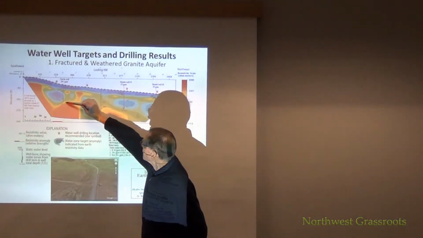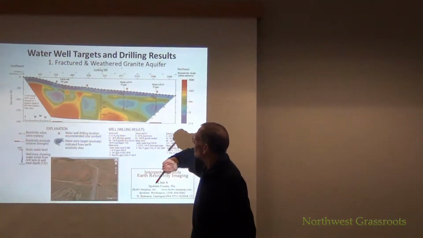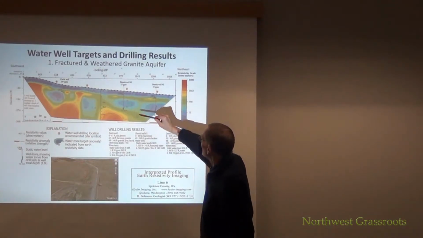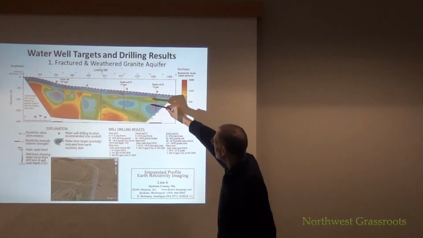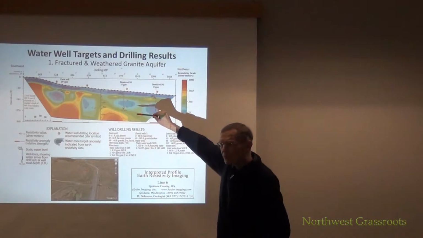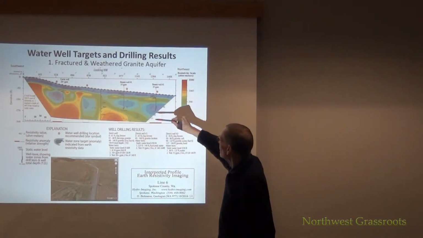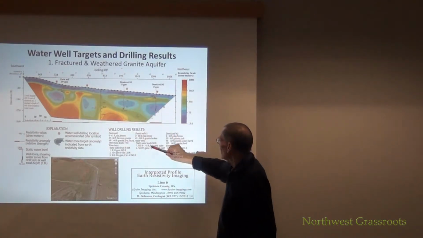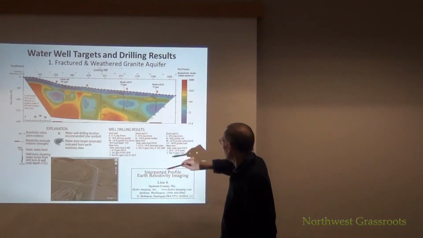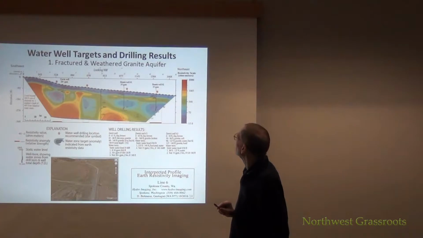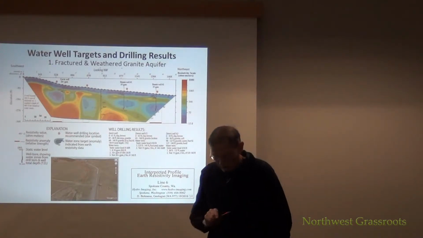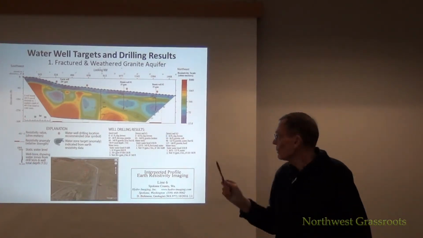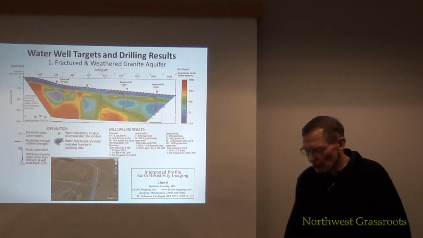So that black vertical line is the bottom of the well. This one, of course, we sited these wells directly on those blue features. So they both were productive. This one was tested at 15 gallons a minute. This one tested at 15 gallons a minute also. So I still have more work to do for these folks at another location.